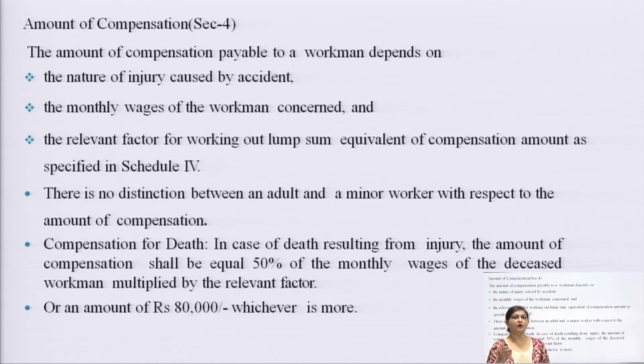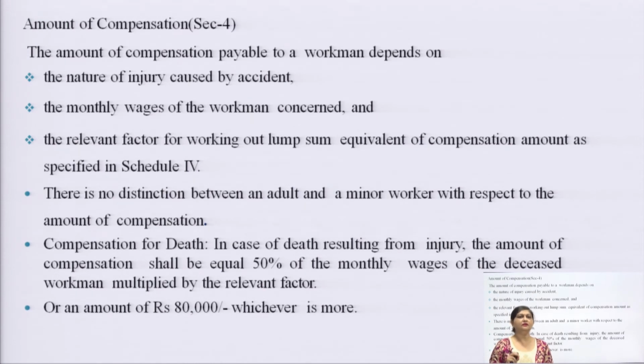Both of them will be paid the same amount of compensation in case of any accident, right. The basic difference will come when we consider the age of the worker. When we calculate the compensation, age will also play a vital role in computing the compensation amount, right.